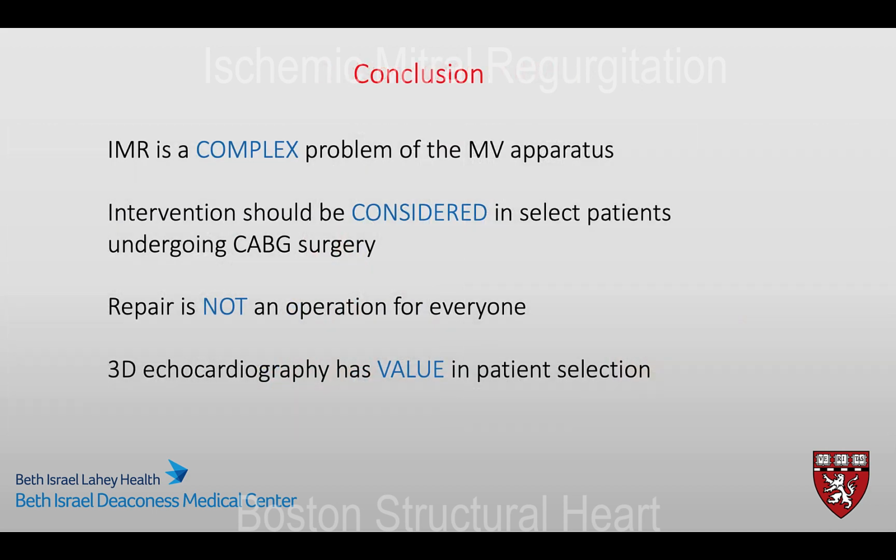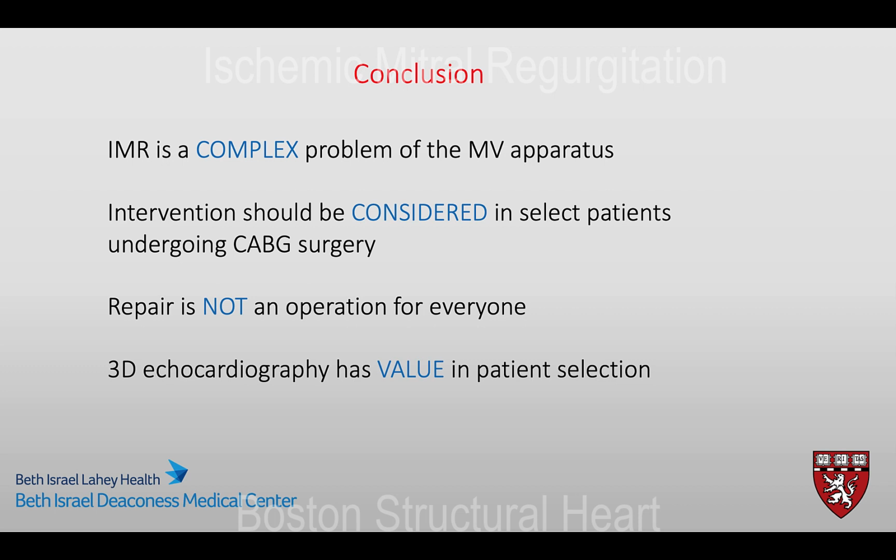So, in conclusion, ischemic mitral regurgitation is a complex problem of the mitral valve apparatus. Intervention should be considered in select patients undergoing coronary artery bypass surgery. And intervention in the form of a mitral valve repair is not an operation for every patient. And indeed, we as cardiac anesthesiologists using three-dimensional echocardiography should be guiding therapy as to which patients would benefit from mitral valve repair and which patients may not benefit from mitral valve repair who would go on to have a recurrence of their mitral regurgitation.